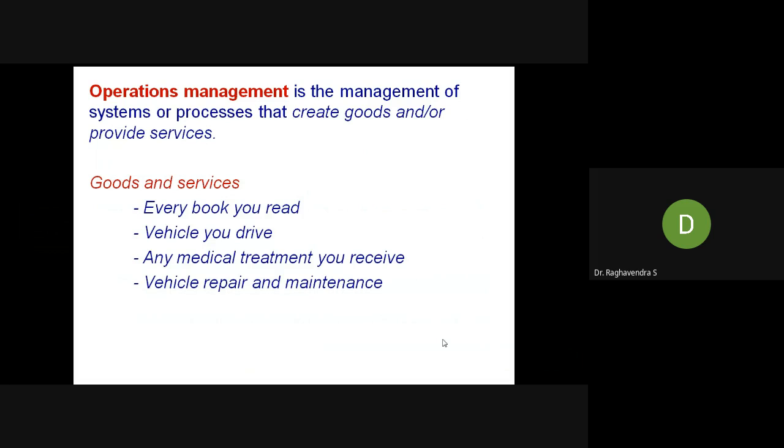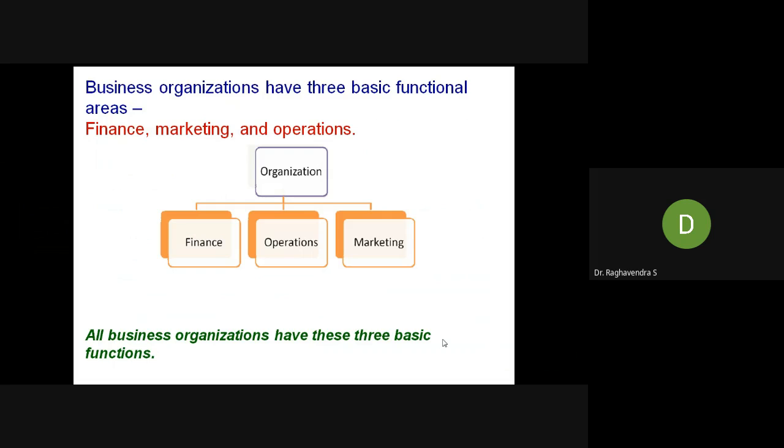So goods and services: every book you read, vehicle you drive, any medical treatment you receive, vehicle repair and maintenance, all this comes under goods and services. Business organizations have three functional areas. In any organization, you check the three main departments: finance, marketing, and operations. If you take any organization, you see all these three parts, and these three parts are very important. Finance will be taken care of by accountants and finance people.